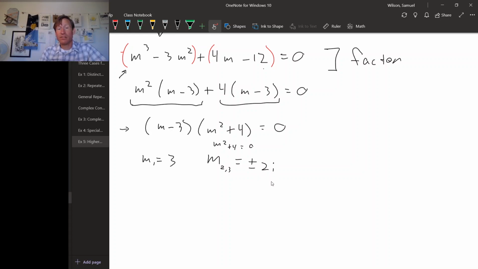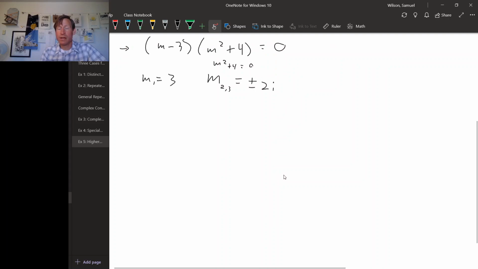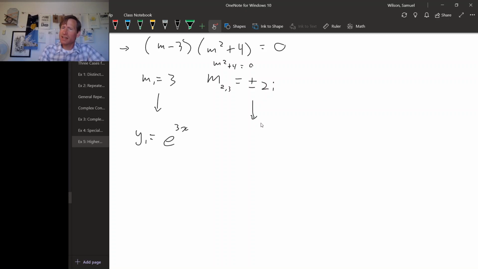Each of these possibilities for m gives us a solution to the original differential equation. So the real possibility for m gives us y sub 1 is e to the 3x, exactly as it would have in the second order case. Real solutions just give you exponentials. And this pair of complex conjugate values for m gives you 2 solutions to the differential equation.